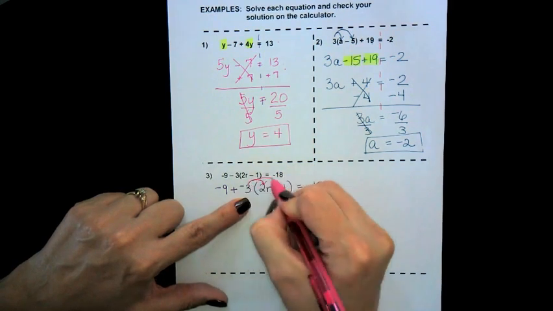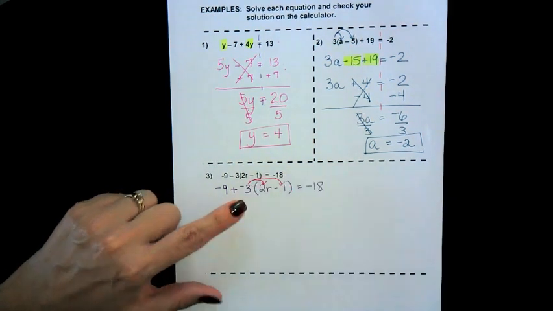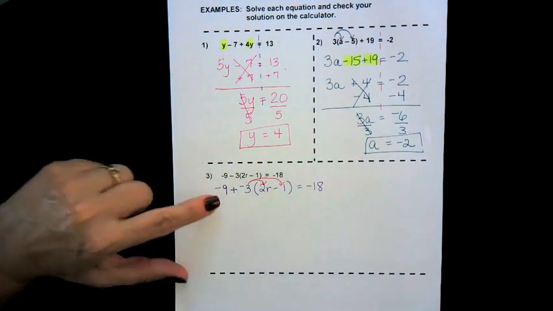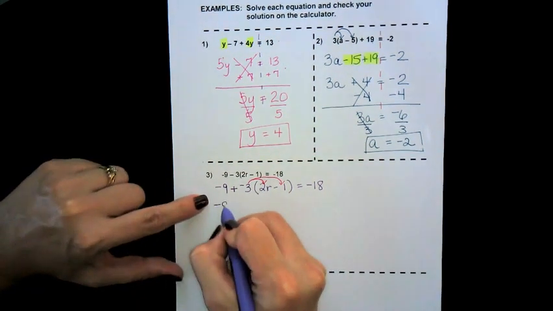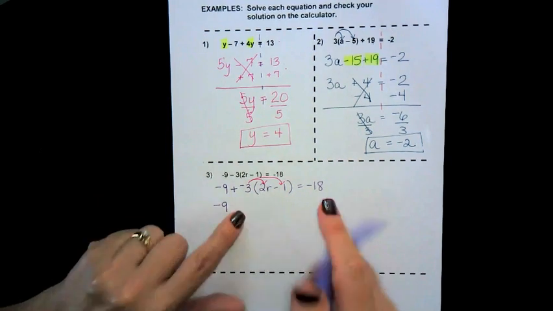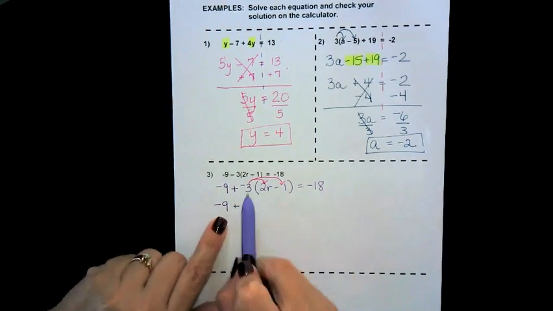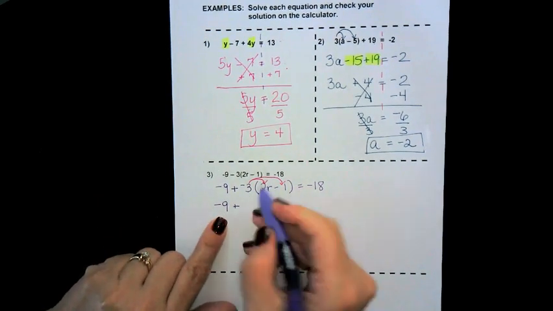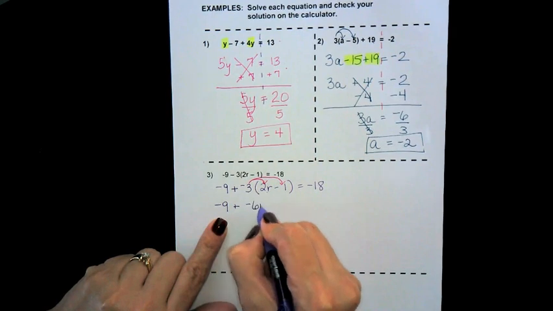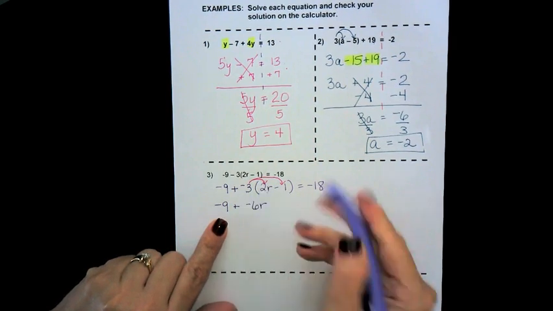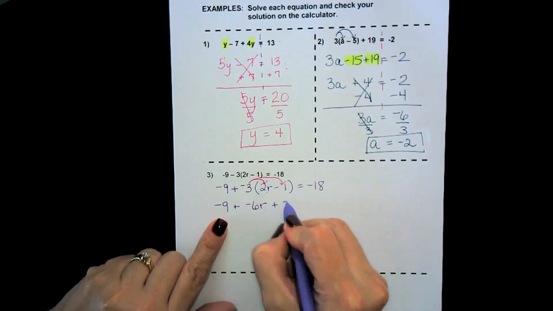There and there. I'm going to leave the -9 out in front and I'm distributing now. Okay, so -3 times 2r is -6r. -3 times -1 is +3.